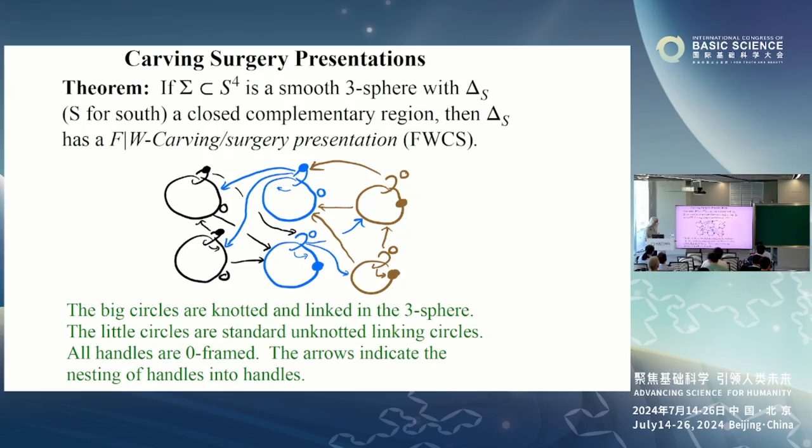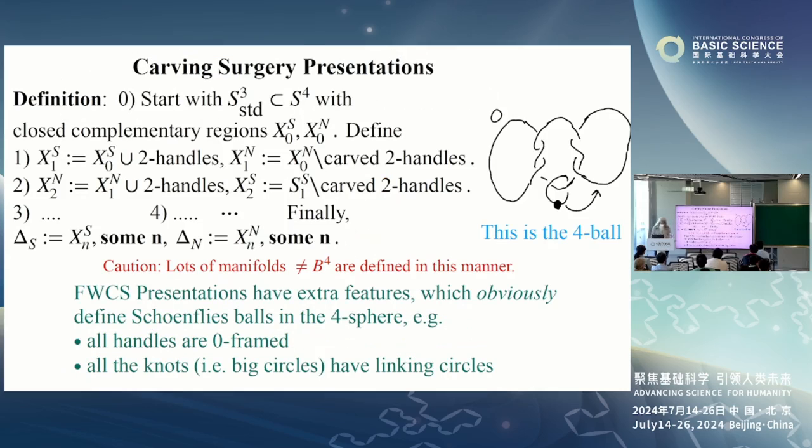So, right. Okay, so now I'll tell you the next thing. It's the idea of a carving surgery presentation. This diagram is supposed to give a schematic for it, but maybe just go straight to the definition. So you can imagine, here we are in the 4-sphere, and here's the standard 3-sphere, and the standard 3-sphere bounds the southern 4-ball and the northern 4-ball.